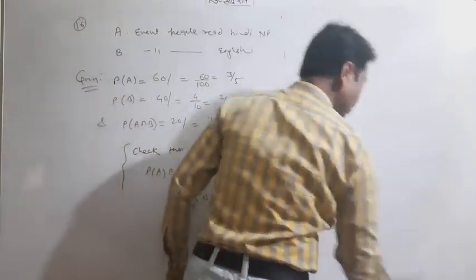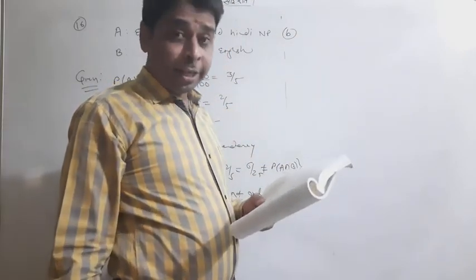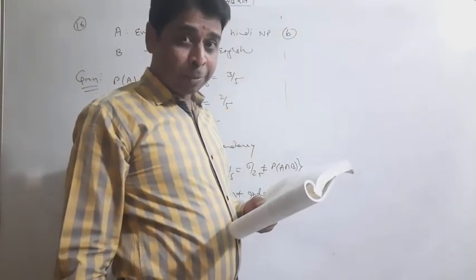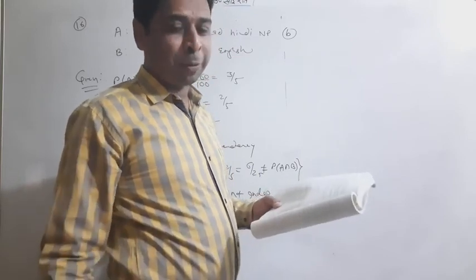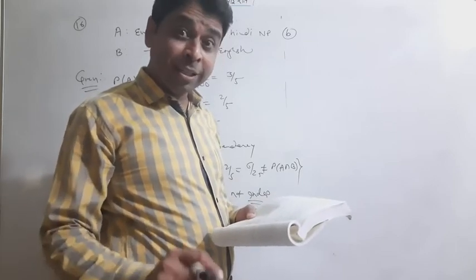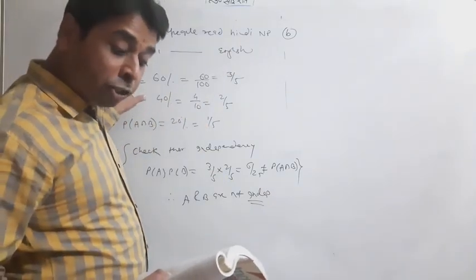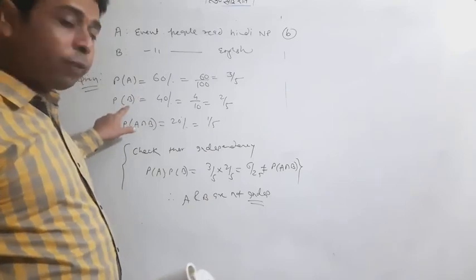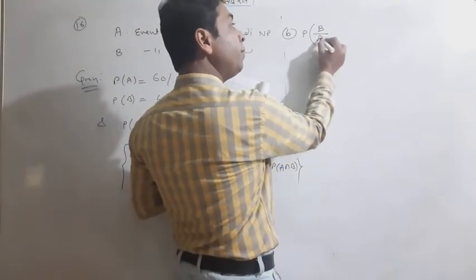What is the second question? B: if she reads Hindi newspaper, find the probability that she reads English newspaper. Now you have to recall your previous knowledge. If she reads Hindi newspaper, meaning A is given. We want to find the probability of B when A is given.